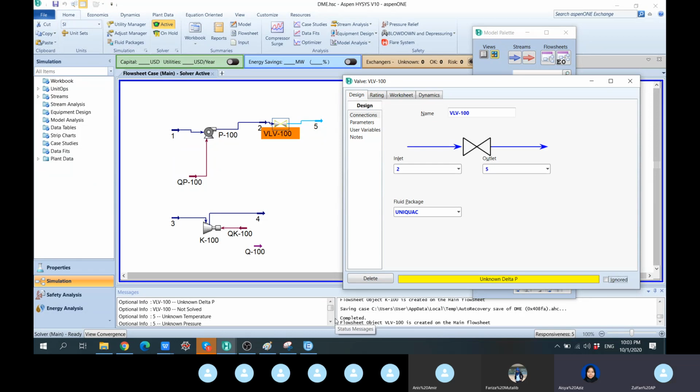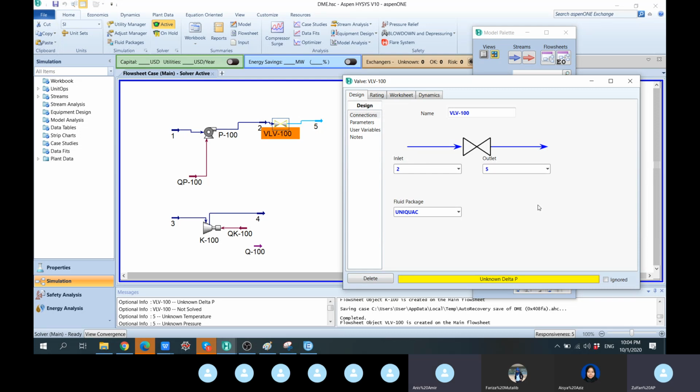You can Google it yourself. For liquid, is this the control valve sizing formula? Okay, what formula do you have in your mind?